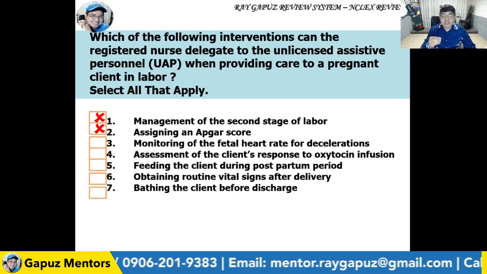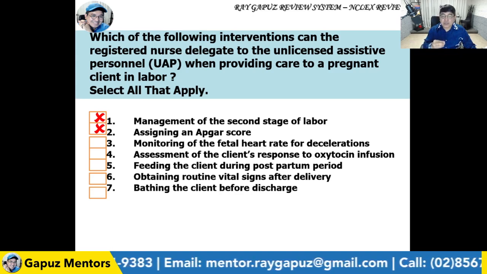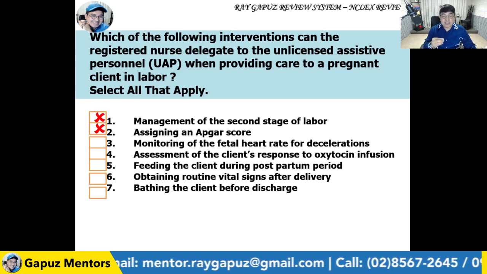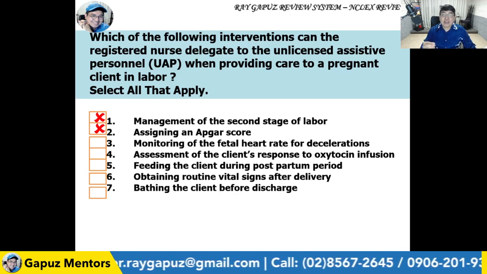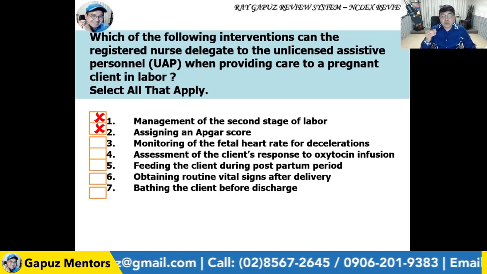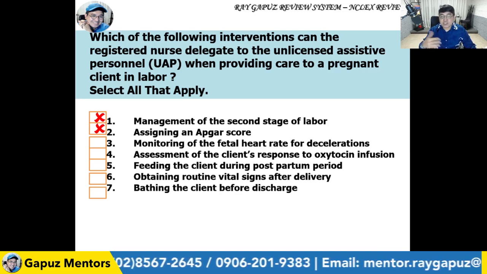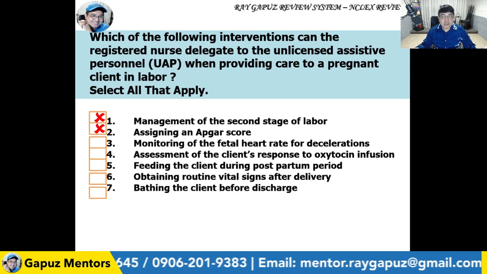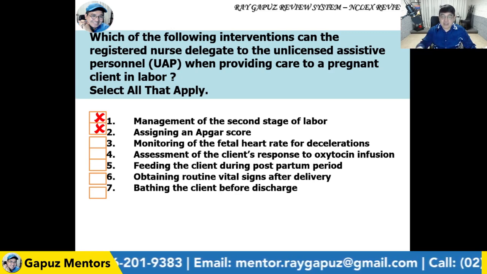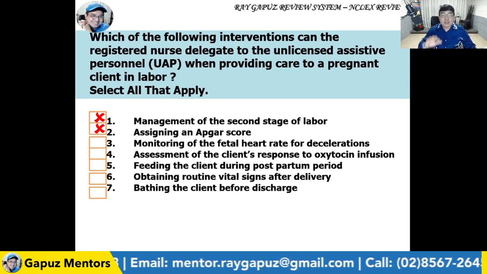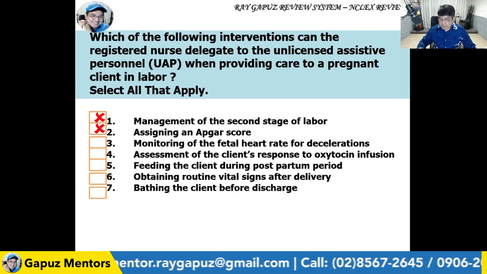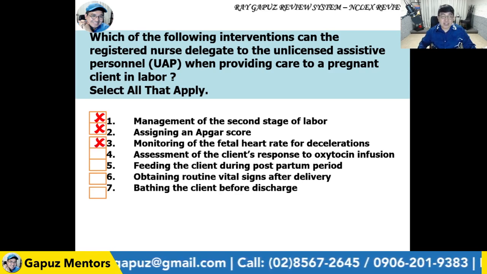Okay? Your early deceleration is not reportable because it is expected, because it's due to fetal head compression. You will need to implement the administration of oxygenation and positioning the client to the left lateral recumbent position if the client is having late and variable deceleration. So monitoring the fetal heart rate for deceleration is not for the unlicensed assistive personnel.